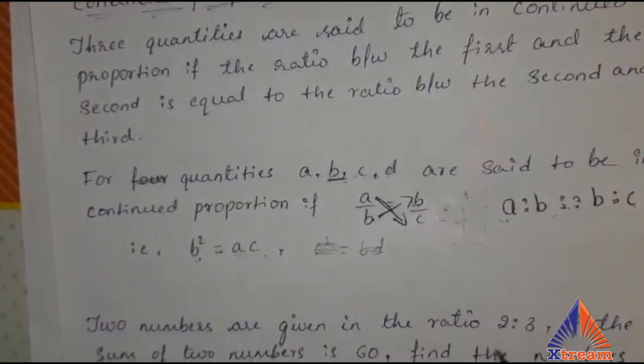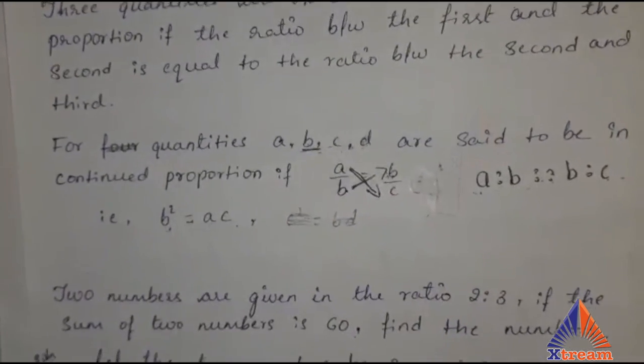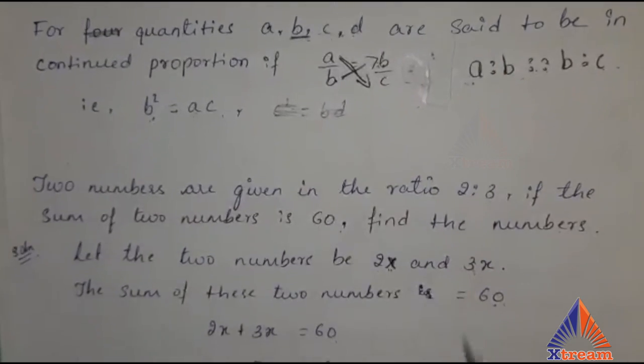So this is how we find the values of ratio in continued proportion.